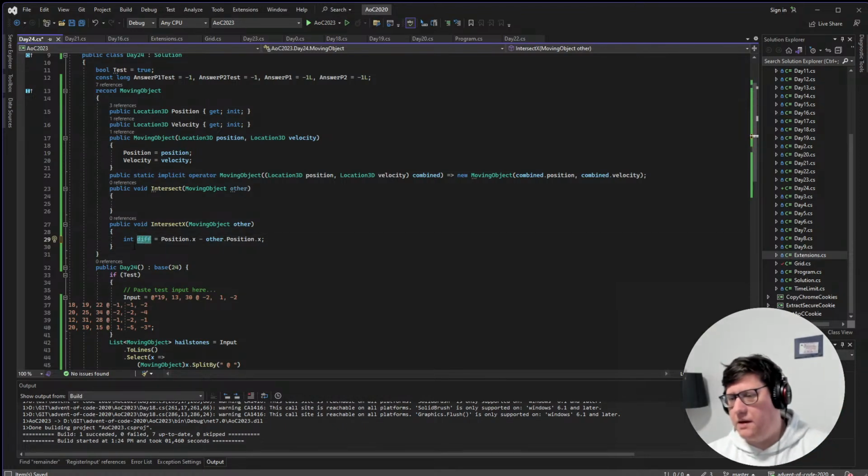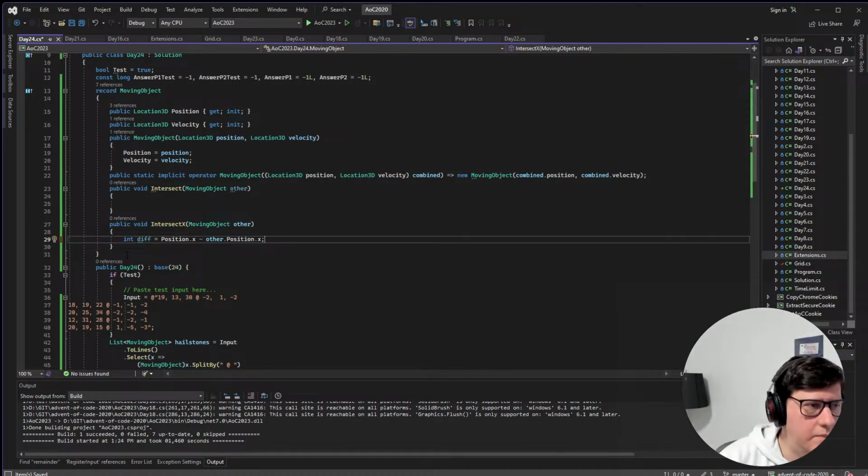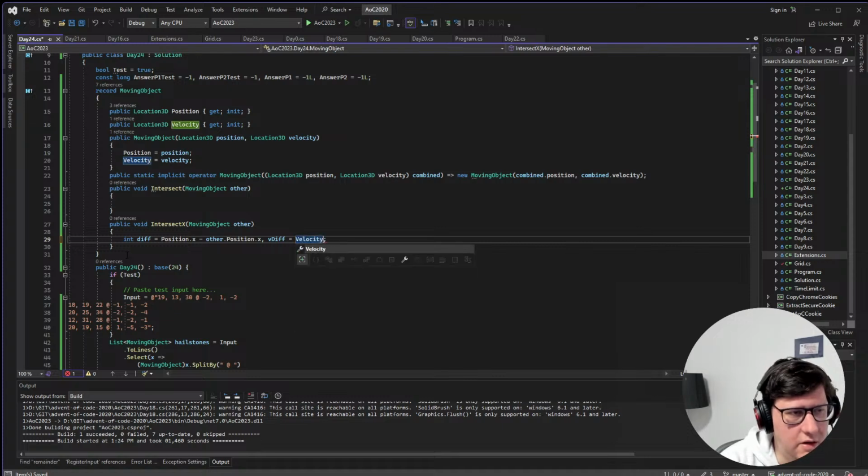So this is the gap that needs to be bridged, and then you have the vdiff is position dot, no, actually velocity.x minus other.velocity.x.